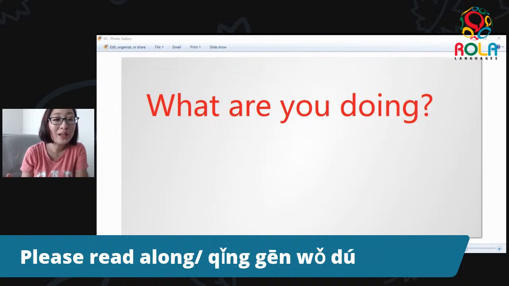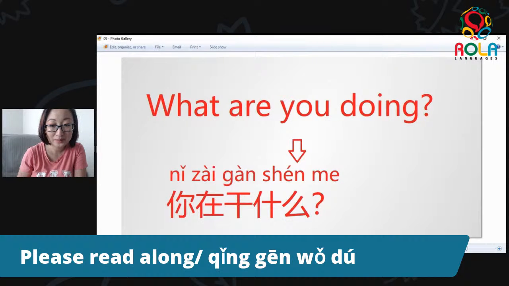So now that we learn how to say the present continuous tense in Mandarin, we can say this sentence in Mandarin as well, using what we've just learned today. Let's take a look. What are you doing? Turns into the sentence, 你在干什么?